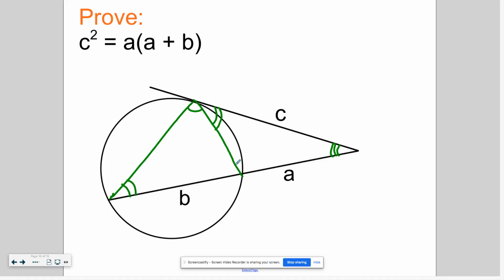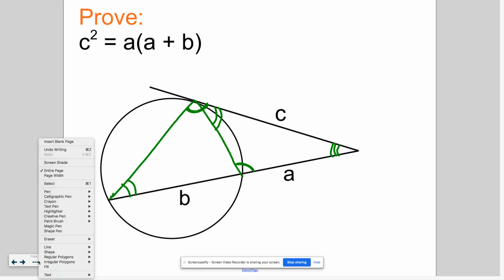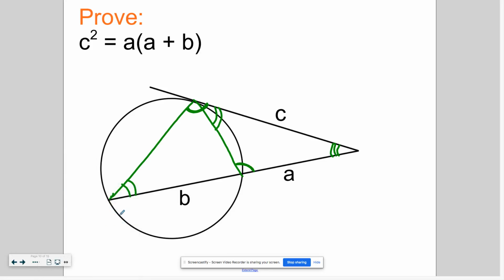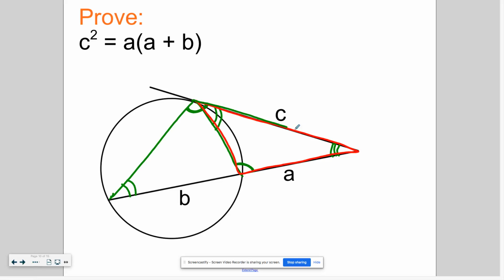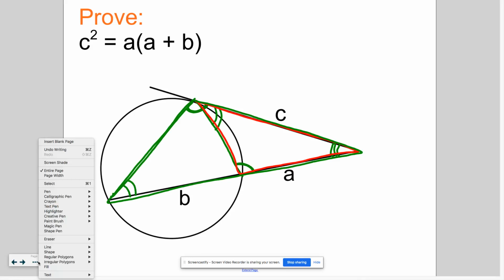This whole angle is the same as this one. So you have your similar triangles. Let me put some color on there so we can keep it straight. So we have the small red one and the large green one. I don't know if that helps or not.